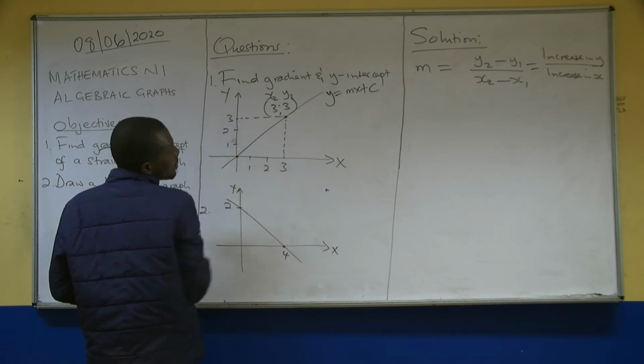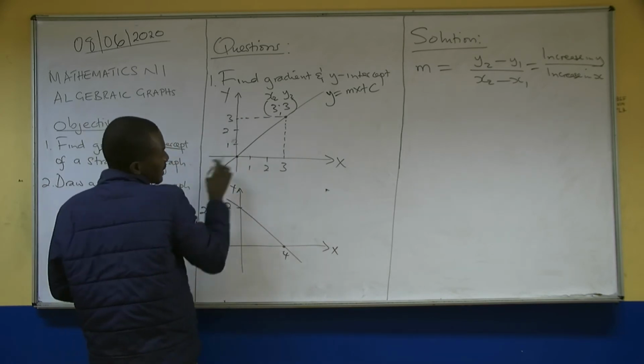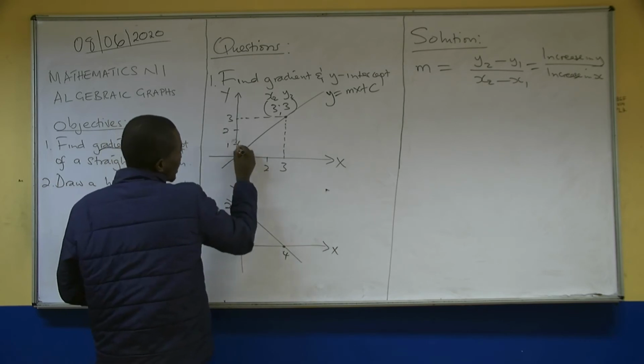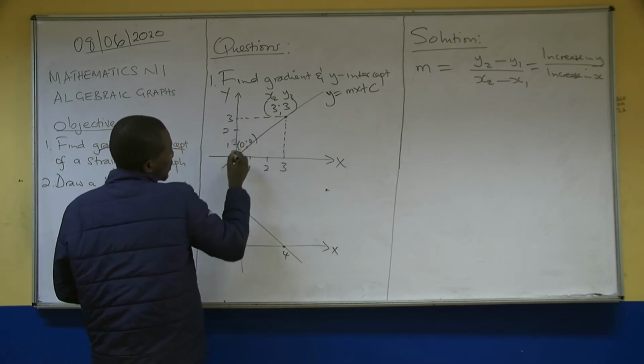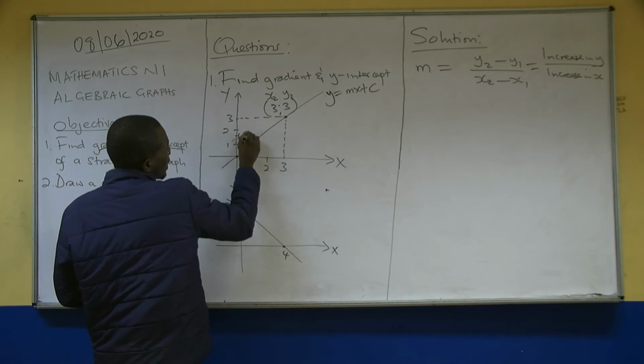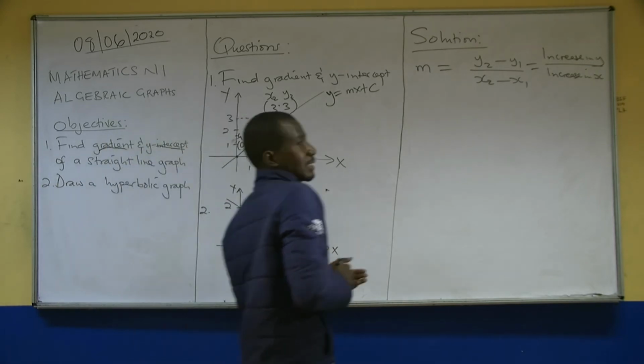Then the other point we are going to take will be the origin, because this is the only point that you can determine, given by 0, 0. And this is going to be x1 and y1.